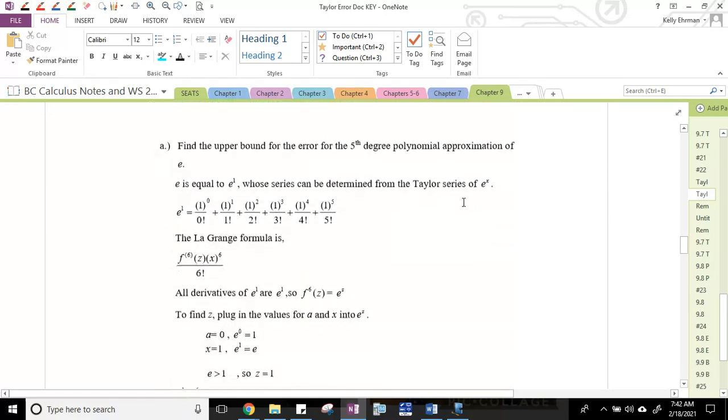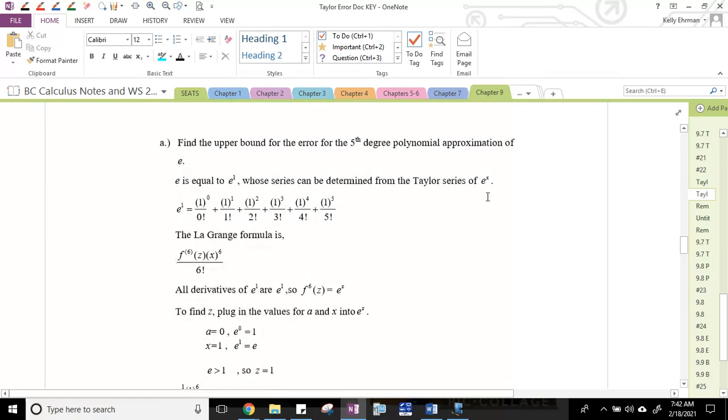Okay, so more examples. Find the upper bound for the error of the 5th degree Taylor polynomial approximation of e. So e is equal to e to the first. So what we're saying is we want f of x to be e to the x, and we want to approximate f of 1.